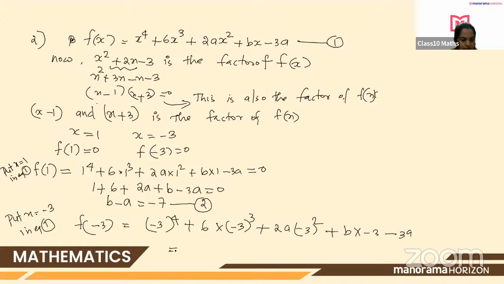And we get the answer as 81 minus 162 plus 18a minus 3b minus 3a is equal to 0.